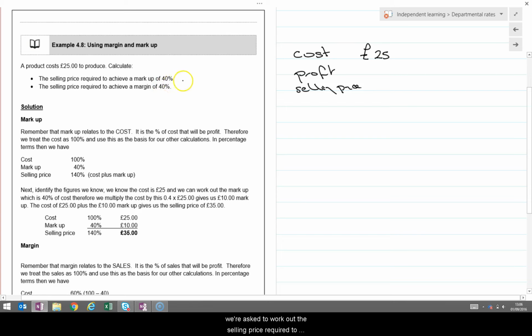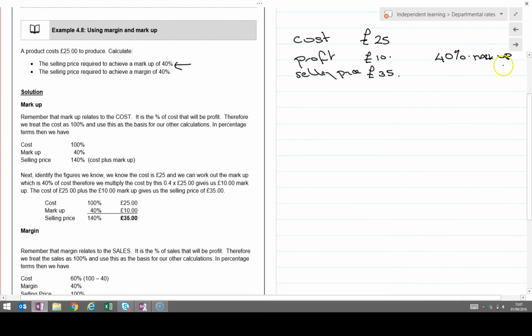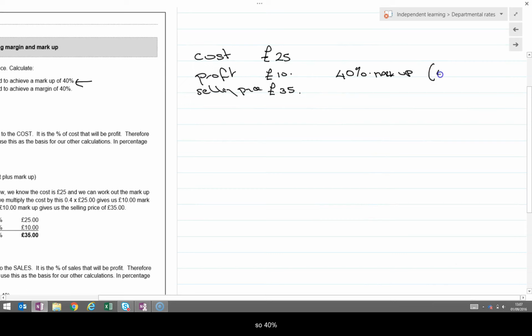We're asked to work out the selling price required to achieve a markup. So that's your profit. So the profit is to be 40%, 40% markup, so that's 40% of the cost. 40% of £25 is £10. So that gives us £35. Okay, so 40% of cost.